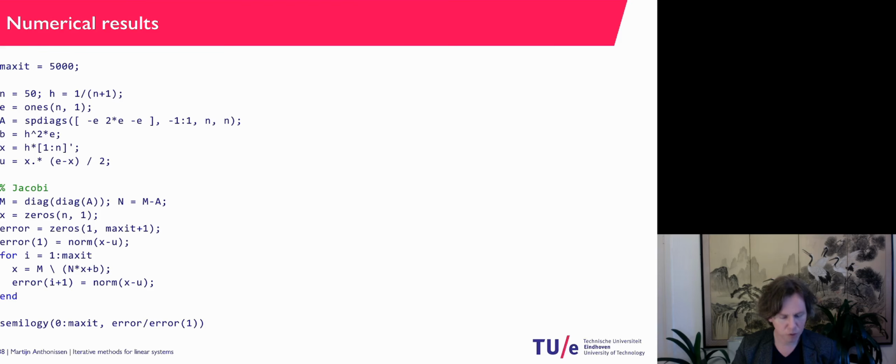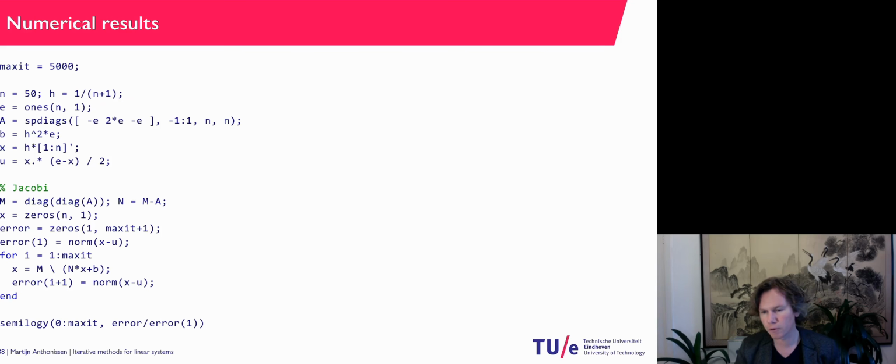I wrote a little MATLAB script. What you already see in this script is how I store the matrix. You don't have to know this command, but it tells MATLAB to build a sparse matrix, taking into account that we have many zeros, and I specify it by means of its 3 diagonals, the -1, 2, and -1 diagonals. E is a vector with only 1's in it.